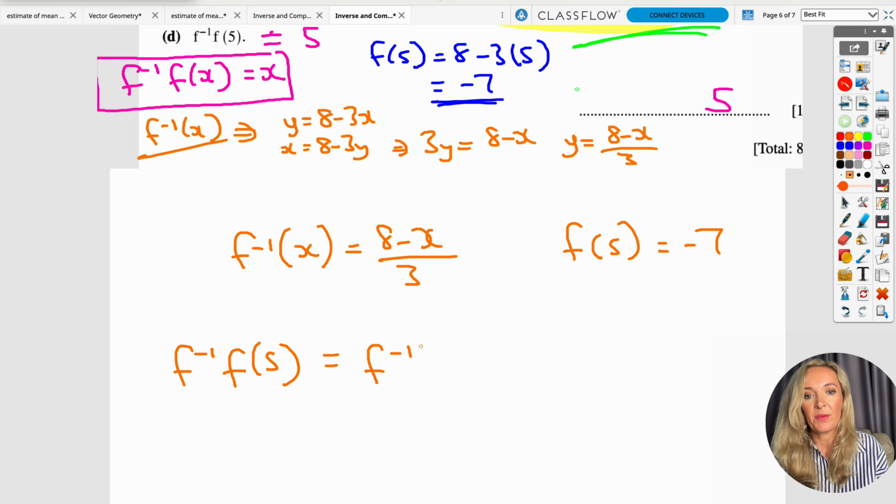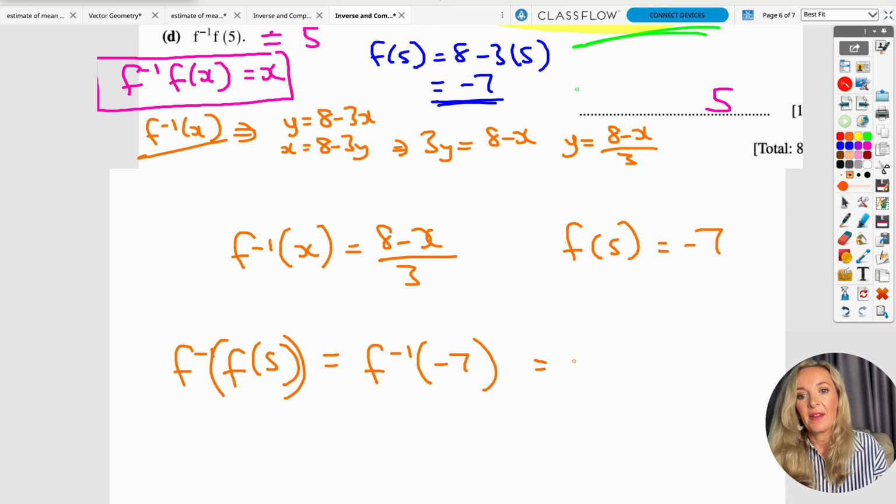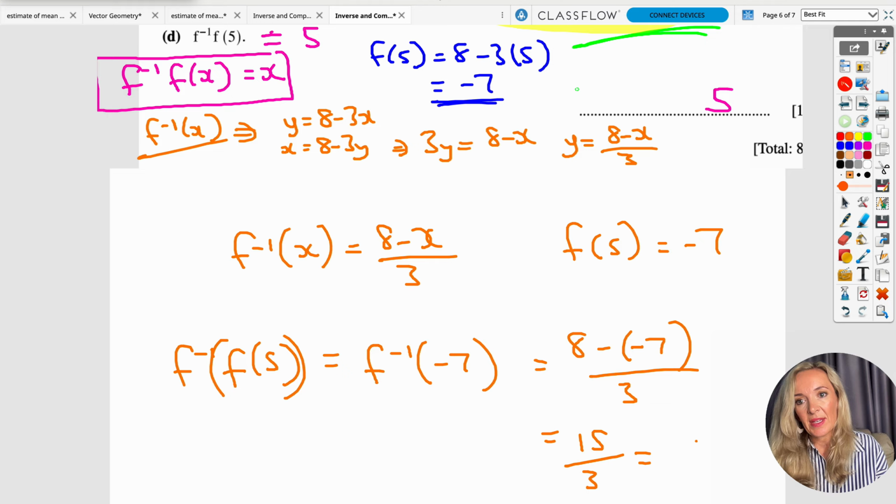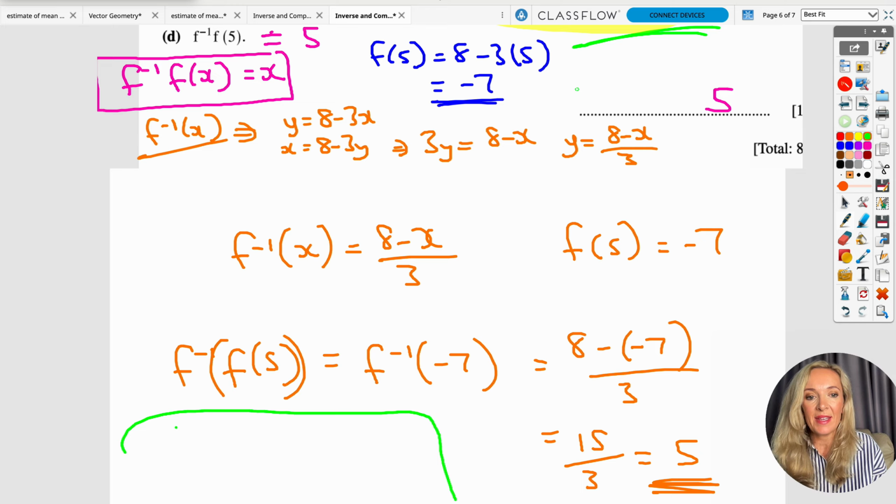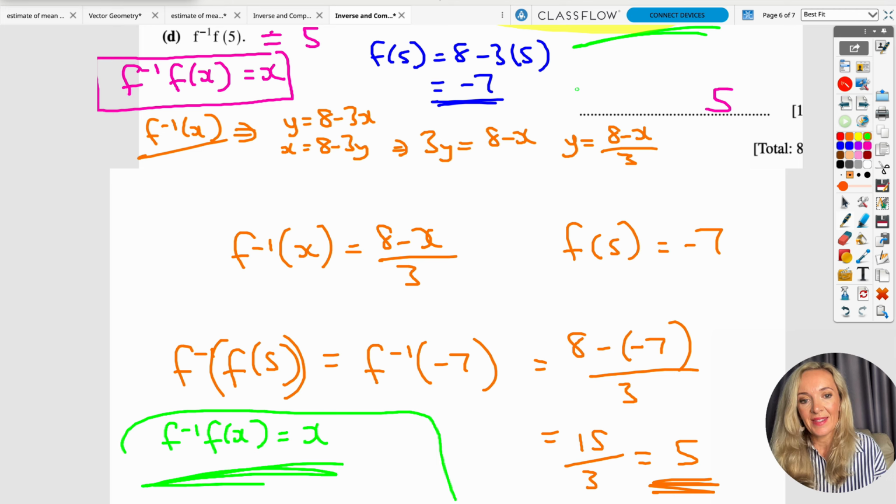So it's f to the minus 1 of minus 7, and that is going to be 8 minus negative 7 over 3, which is 15 over 3, which is 5. So we have shown that it works, but I am sure you'll agree that it's much nicer and easier for 1 mark to just know that this is always equal to this. So put a star around that in your notes. Don't forget it, it might just pay off for that extra mark.